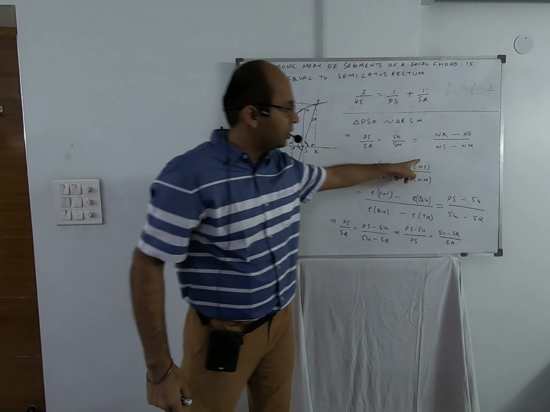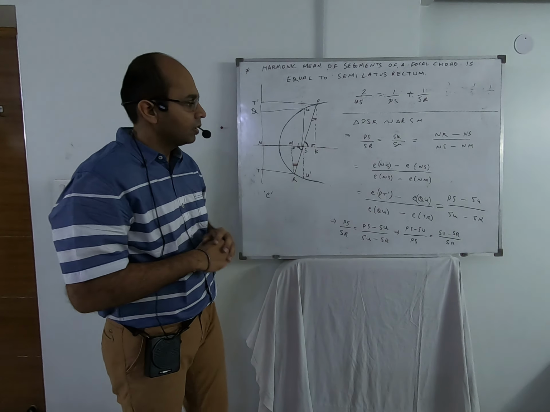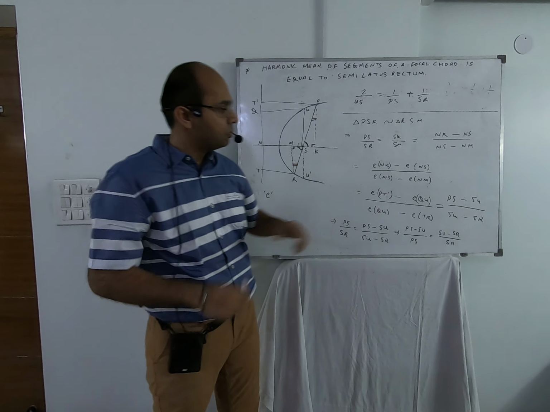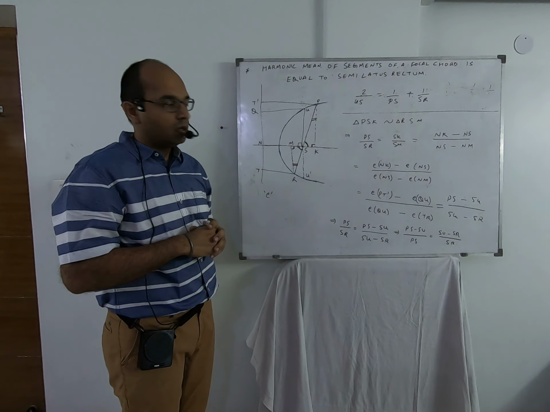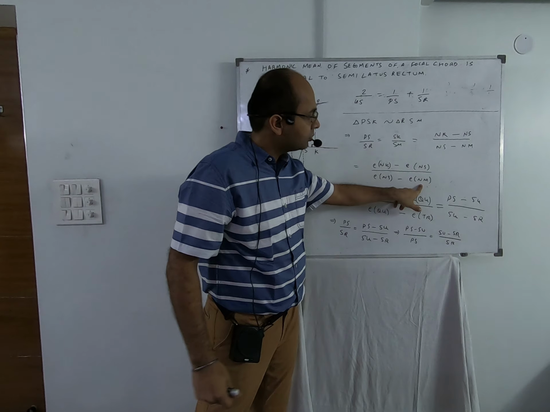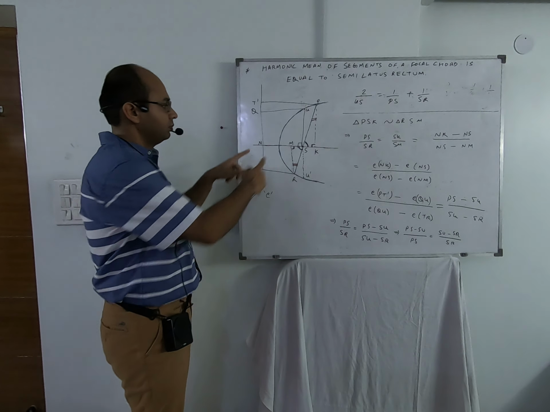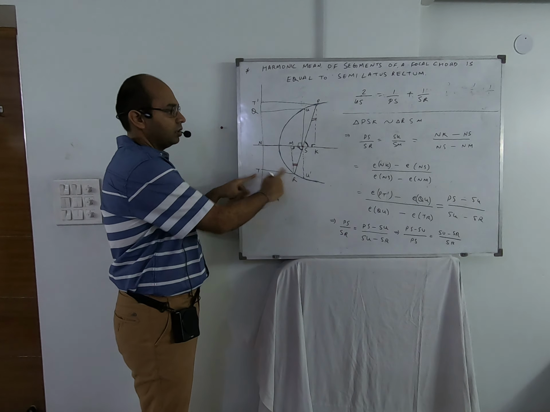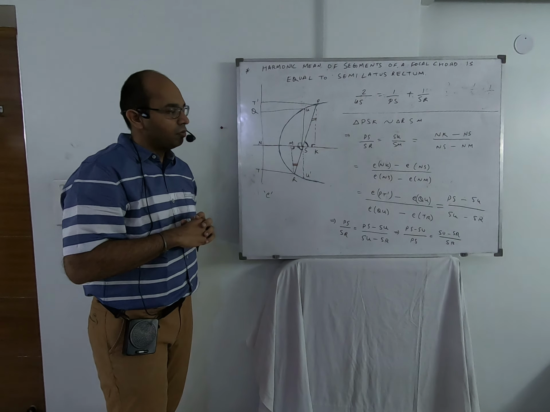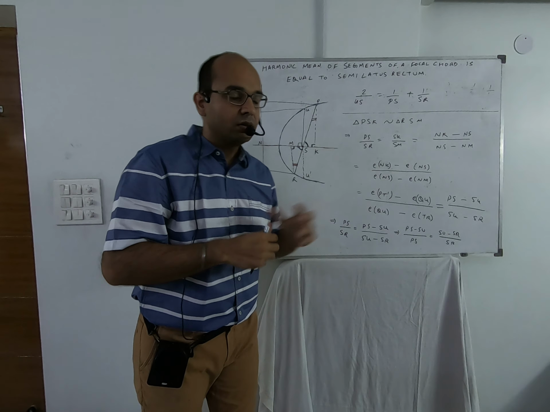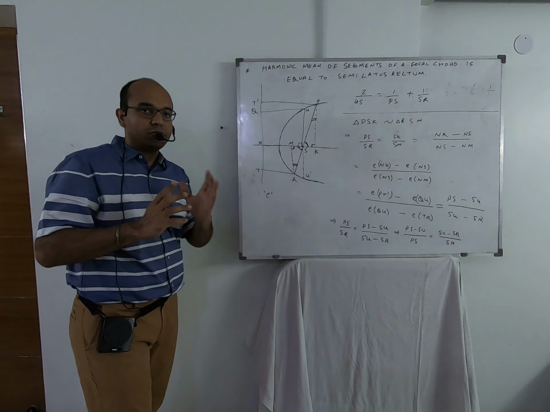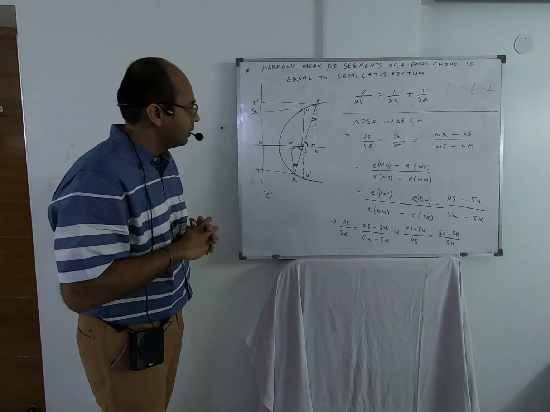So I replace NS by QU. Over here also I replace NS by QU. Similarly, I replace NM, this length, by TR. Why am I doing this? I'll explain to you in a moment.